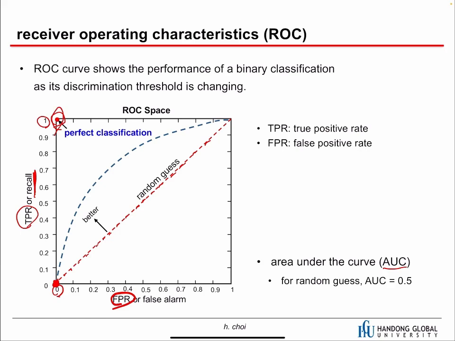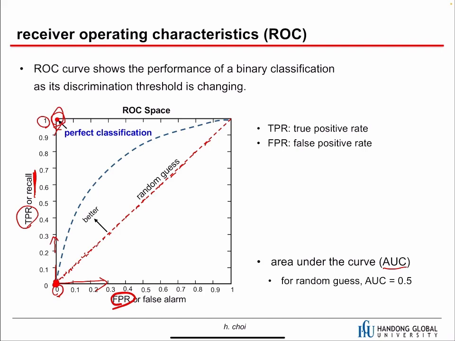But if we increase the threshold, then recall would increase. That's good. But at the same time, the false alarm would increase too.